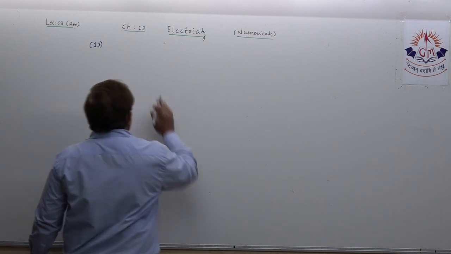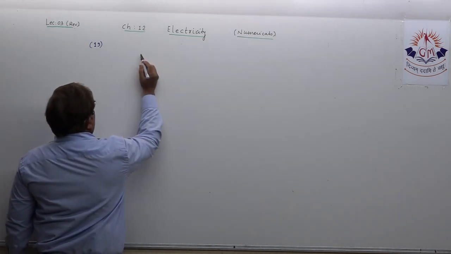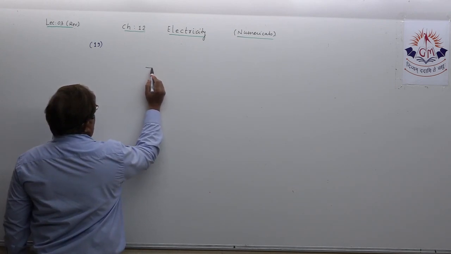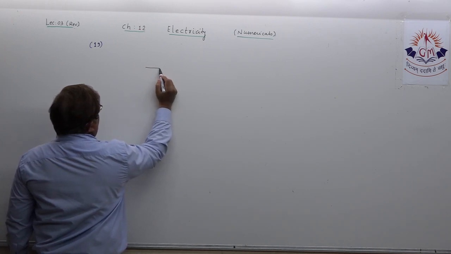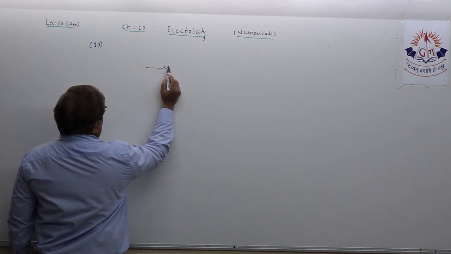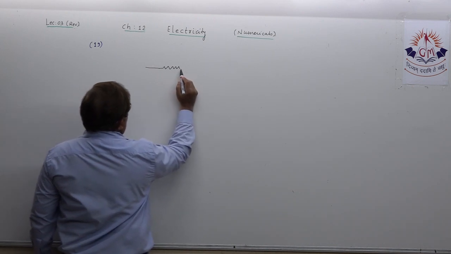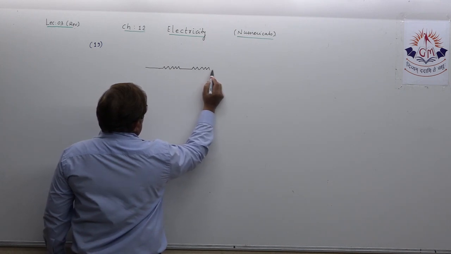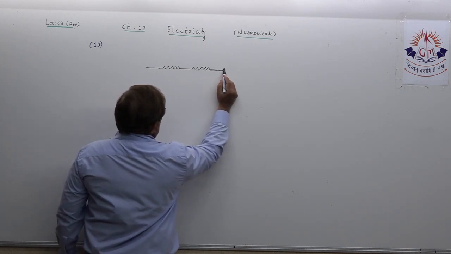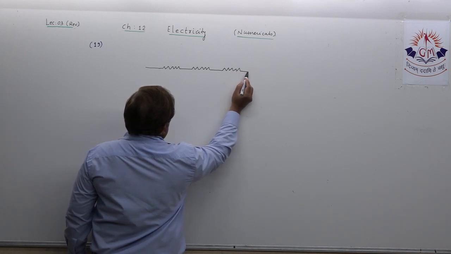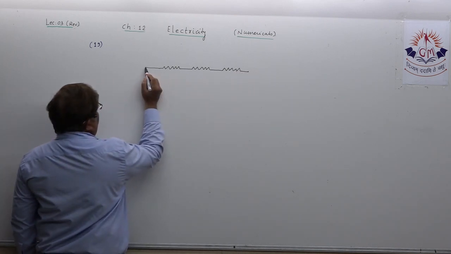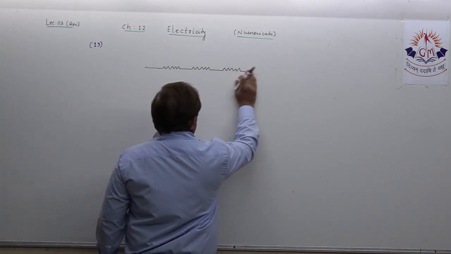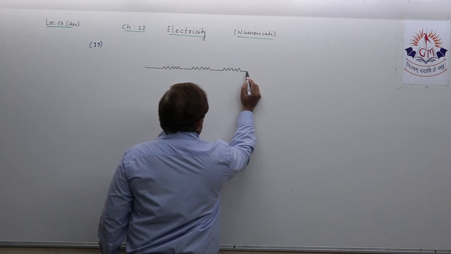So dear student, first draw the schematic diagram with me. 3 resistors. First resistor, then the second one, and the third one. 3 resistors. Okay, you can call them R1, R2, and R3, connected in series connection.